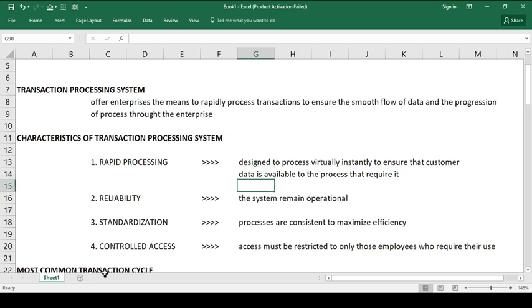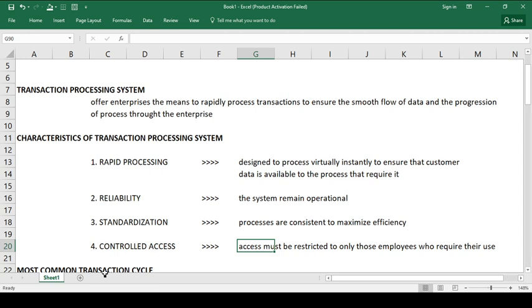Fourth, we have what we call controlled access. A good transaction processing system has controlled access, which means a transaction system has limited employees that can access it, or in other words, the people who can use the system are restricted.